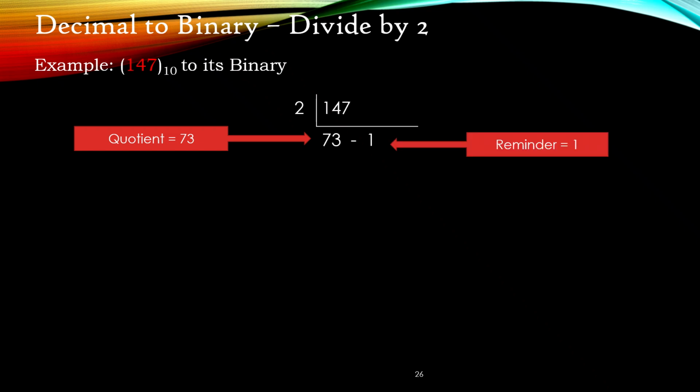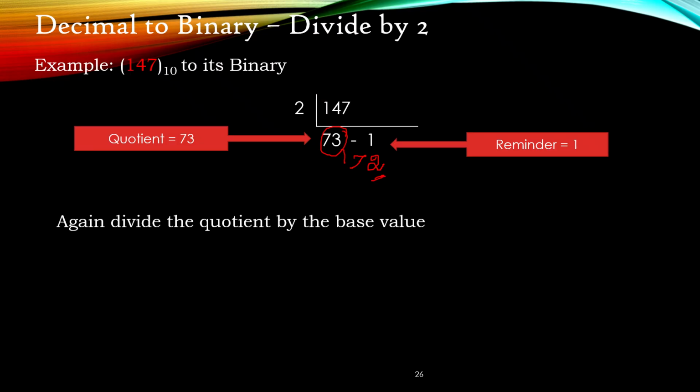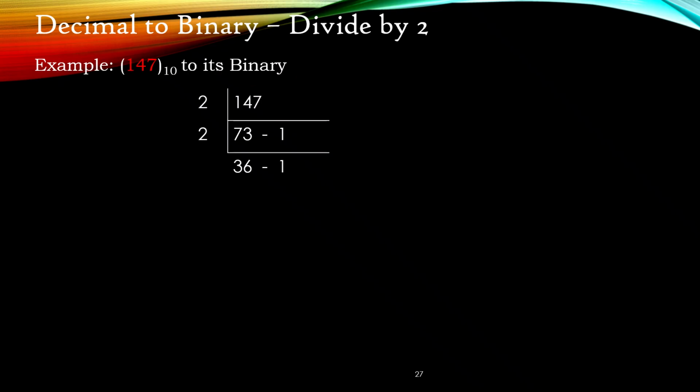Now I have to continue the division with the rule. The rule is that this 73, the quotient, has to be always greater than the base value to which we are converting. Here the base value is 2, so it should be greater than 2. Yes, it is greater, so I'm going to continue to divide 73 by 2.